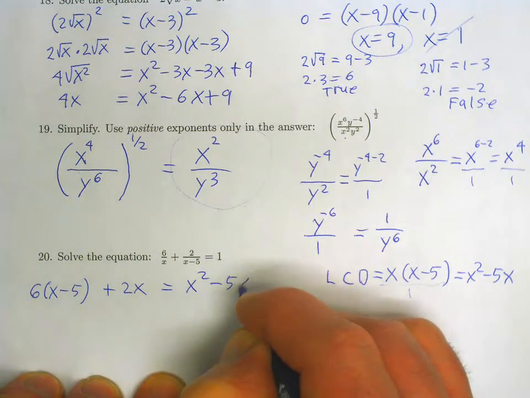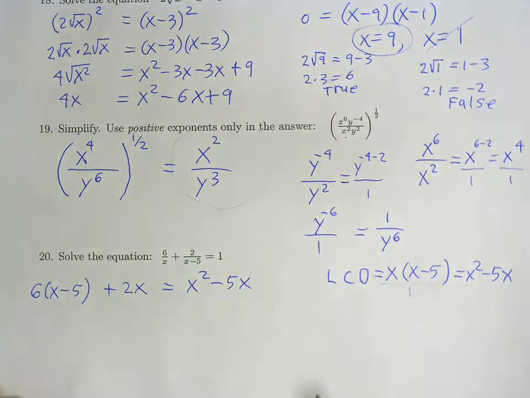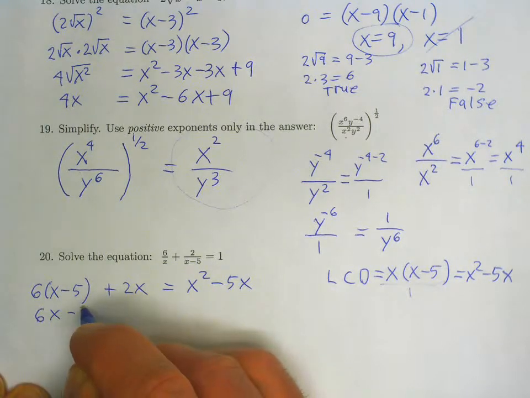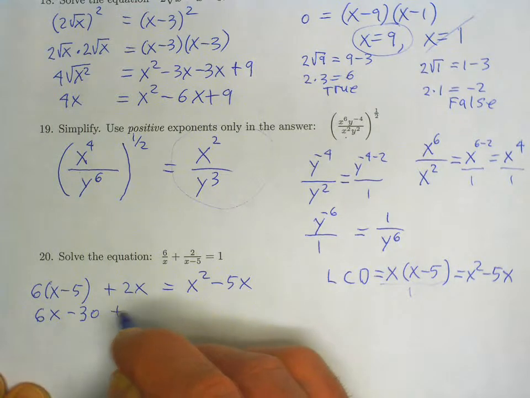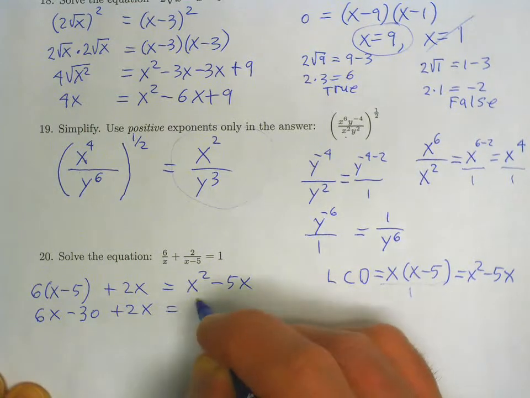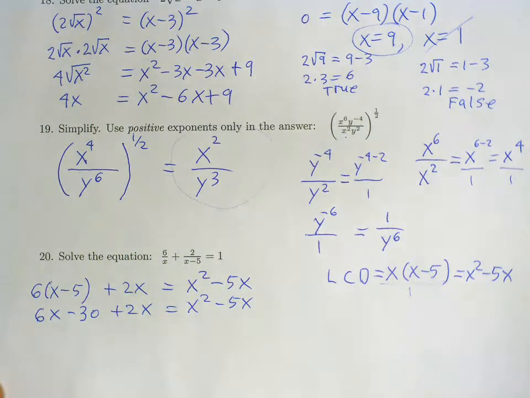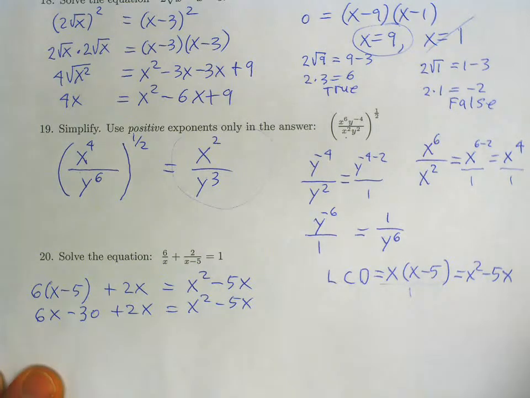Okay, this equation is quadratic, so we want to multiply everything out. We'll combine like terms, and then we'll solve for x. Okay, so on the left-hand side, 6x plus 2x is 8x.